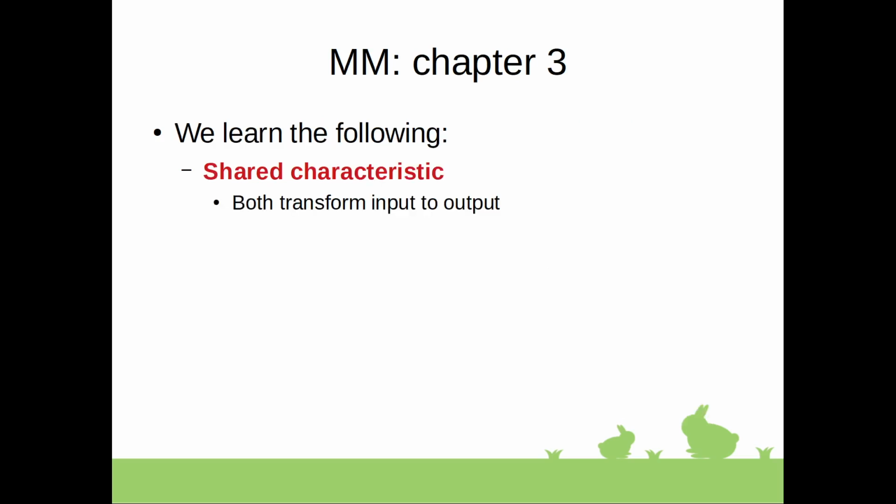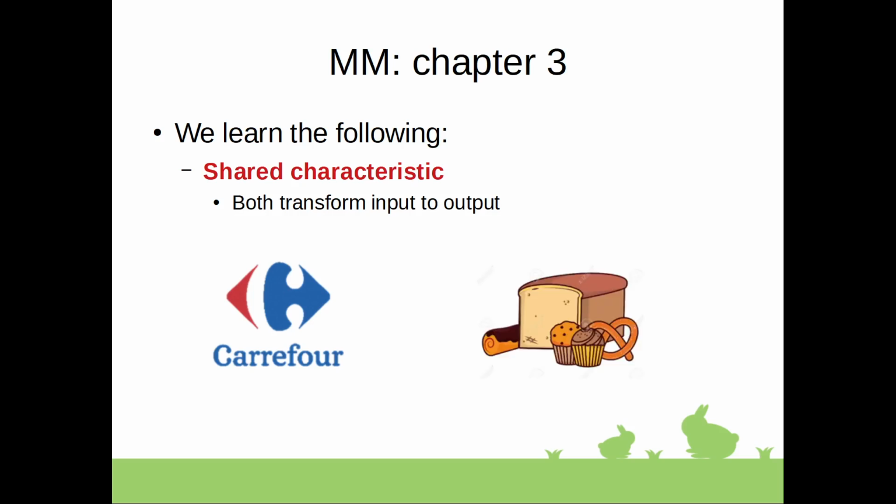Now, we learn the following from these different images. The shared characteristic is that they both start with input, and they will both end with output. But the process between those two is entirely different, of course. So Carrefour is a trading company, actually. This will fit the description of a trading company.